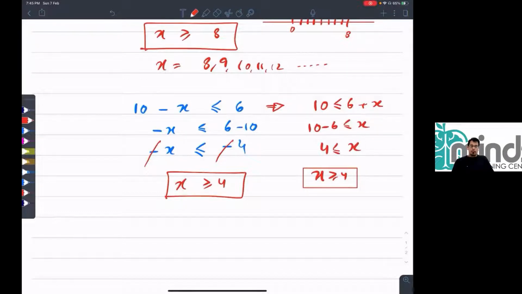I need x. Whenever you change the sign of x in the last step, always change the inequality. So if minus x is less than equal to minus 4, x will be greater than equal to 4. Change the inequality. Alternatively, you can transform the equation in a manner that x is always positive. If you look at the red working, I actually moved x to make it positive.